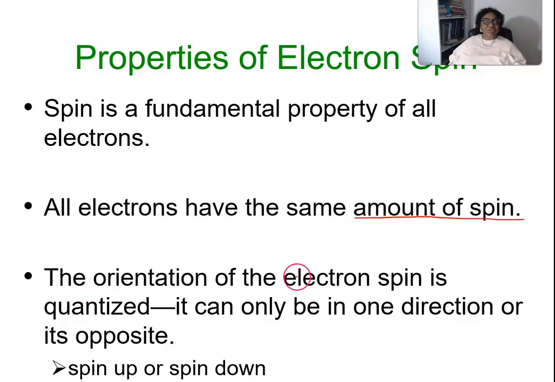The orientation of the electron spin is quantized. It can only be in one direction or its opposite direction. That is, spin up or spin down. Either it is spin up or spin down.